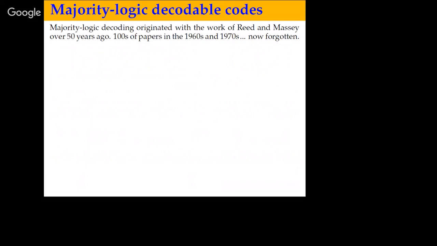The first construction that I want to show is from a type of codes that were studied a lot in coding theory. These are known as majority logic decodable codes.